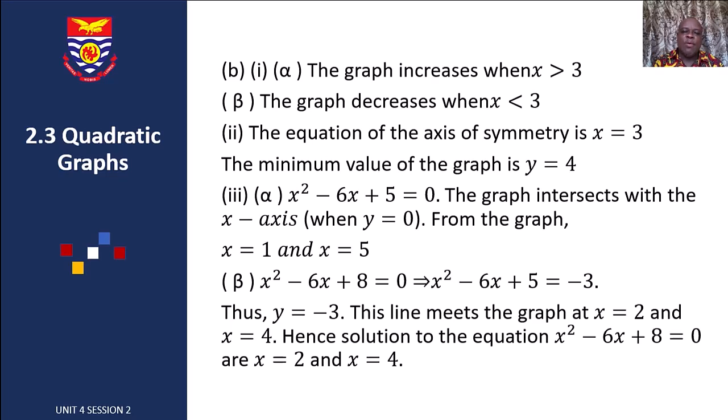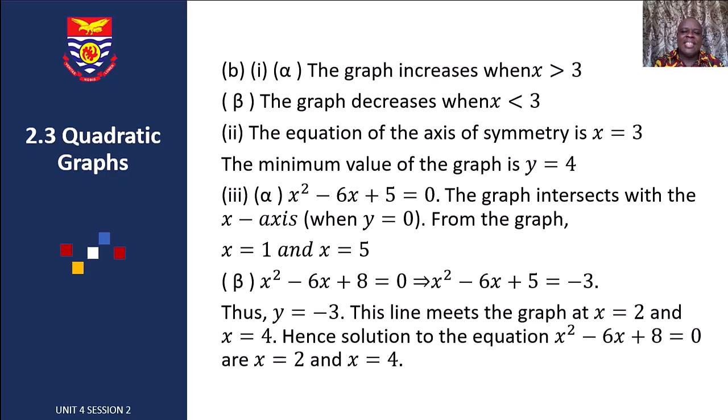Then we move to the next question, where we are to solve x squared minus 6x plus 5 is equal to 0. So you draw this graph, you compare it to the original graph, and you will see that it is the same equation we use to draw the curve.